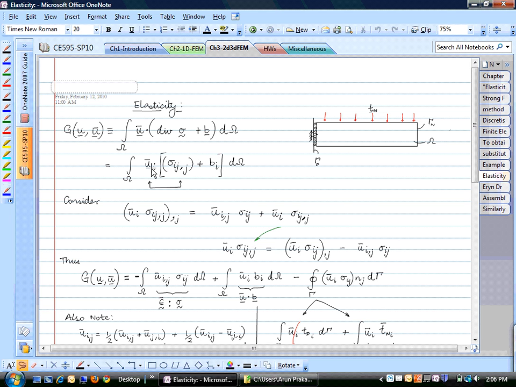And another way to see that this is a repeated index is that if you take u bar i, which is a scalar quantity, and dot it with the body force, ui bi means u1 b1, u2 b2, u3 b3, right? So that is also a 3-term summation right here. So now we are going to try to balance the derivatives.